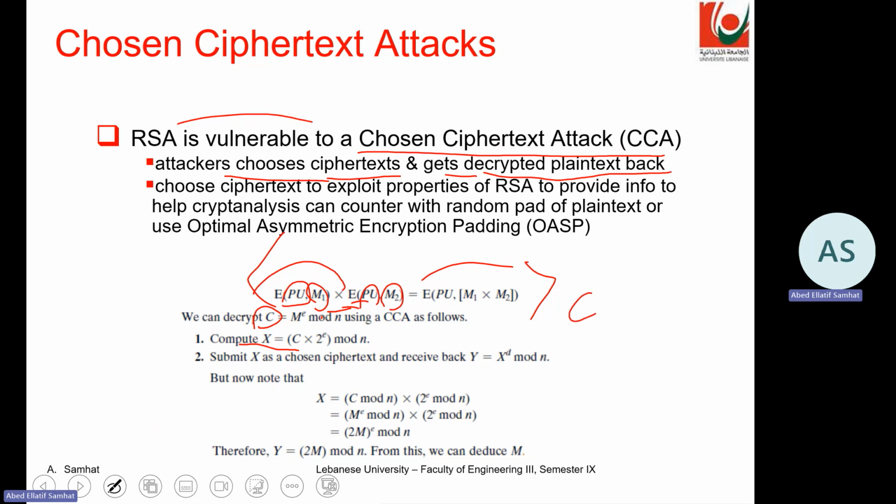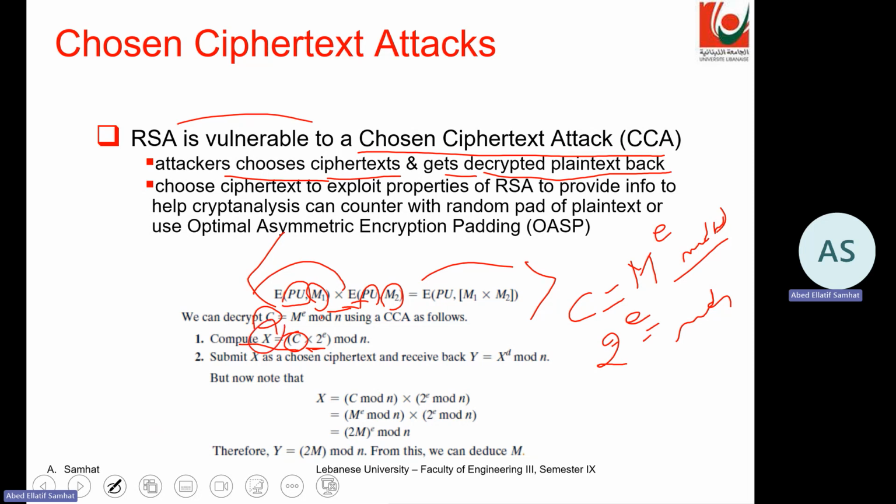The ciphertext C is the encryption of a certain plain text M, encrypted using the public key: C = M^E mod N. And then at this level, the attacker will try to multiply this ciphertext with another term 2 also to the power E, because this is the public key, mod N. So he obtained a certain value X.